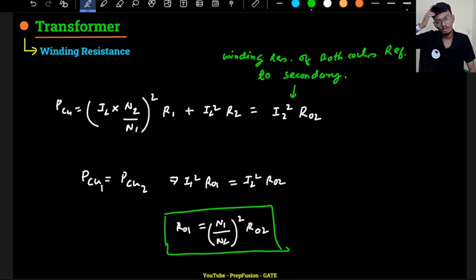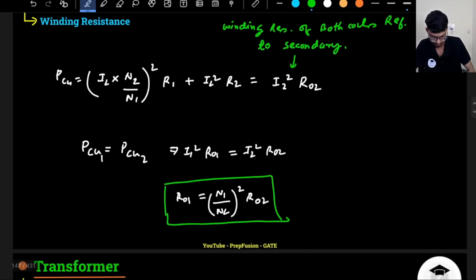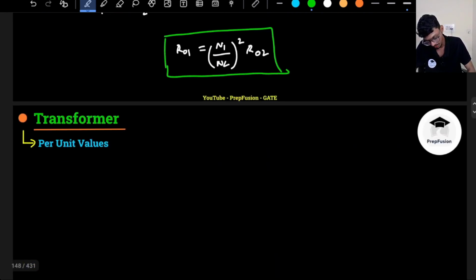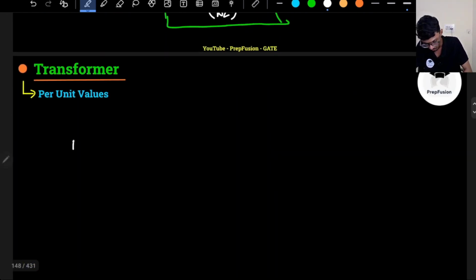So now let's discuss one more thing known as the per unit copper loss. How do I find out the per unit values? So let's discuss. What is my full load copper loss? PCU full load.